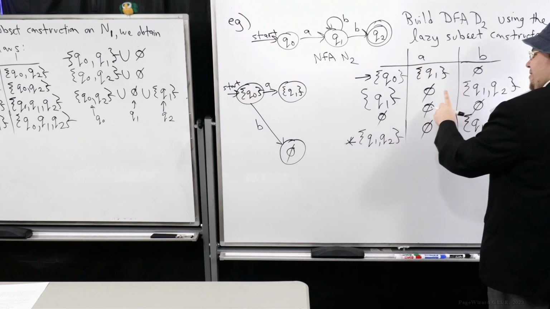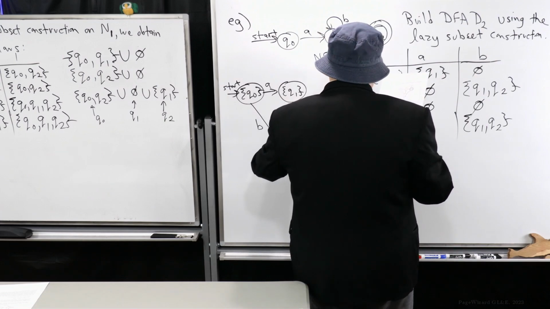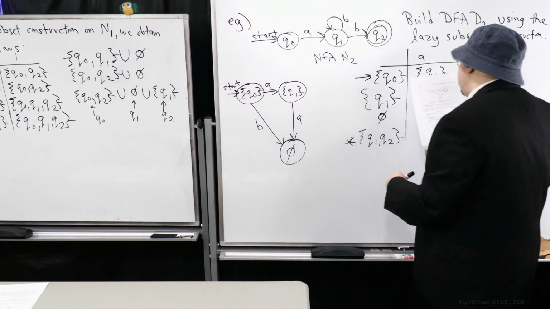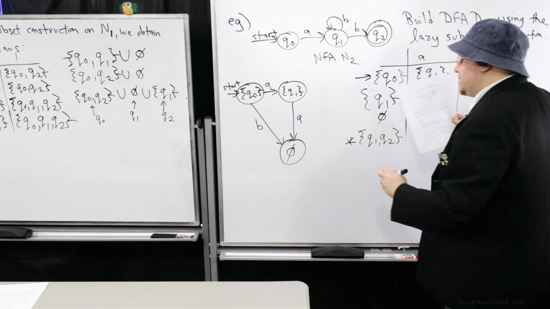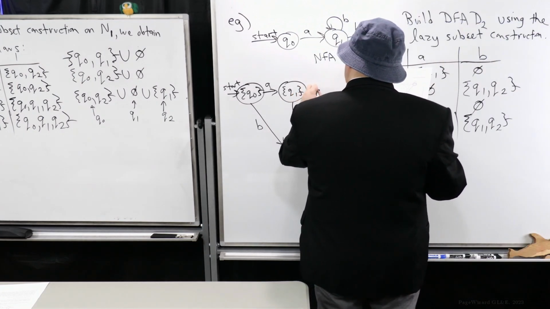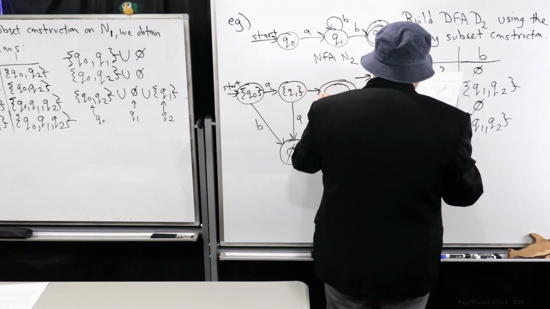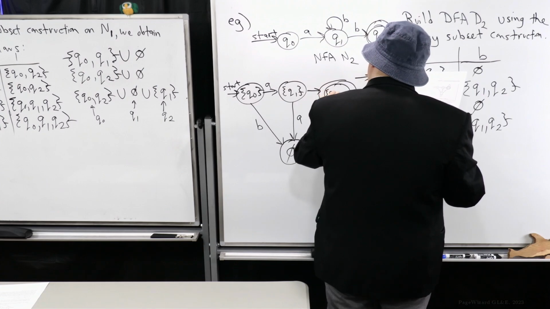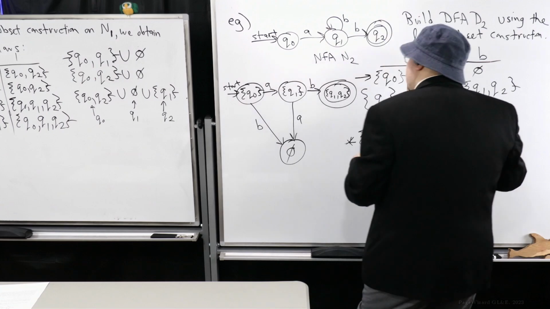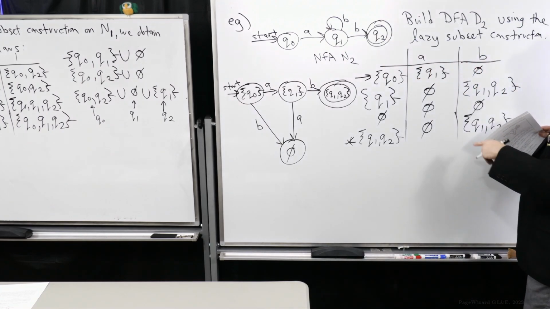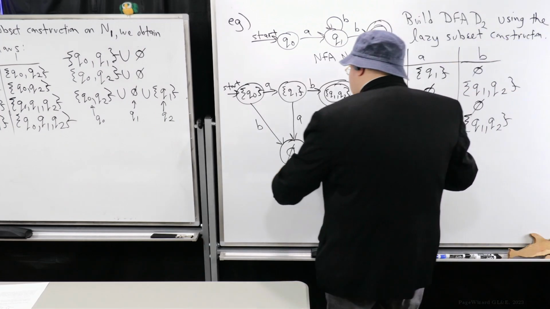Okay, so now on Q1, on an A, it transitions over to the state on the empty set. On B, however, it transitions to Q1, Q2, so that's another state. That'll be our last of the four states. It's a final state. On the empty set, it transitions on the empty set regardless of which symbol you have.